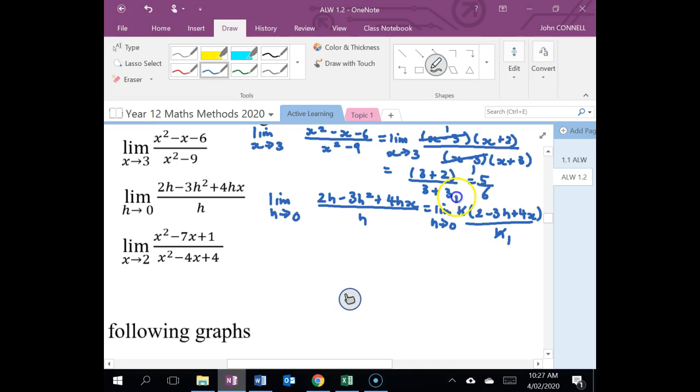The h's cancel. And by substitution, this is going to equal 2 take 3 times 0 plus 4x, which is just 2 plus 4x. Second learning. First learning was we can factorize. Second learning is a limit doesn't actually have to be a number, it can be an expression.